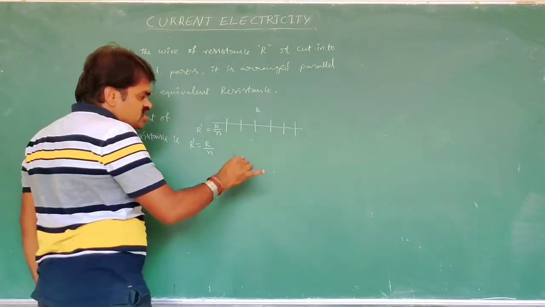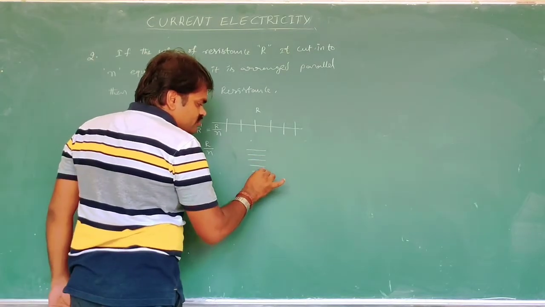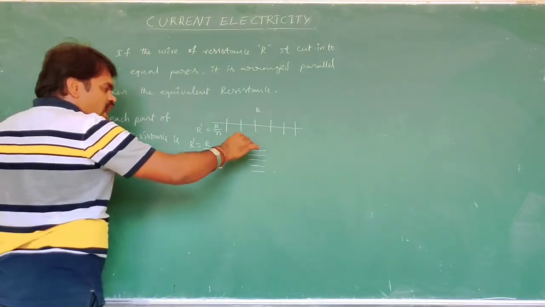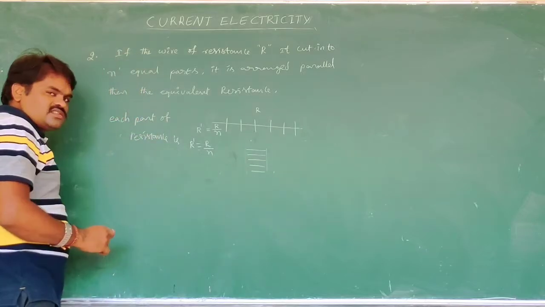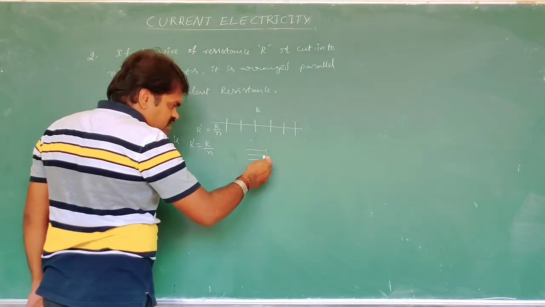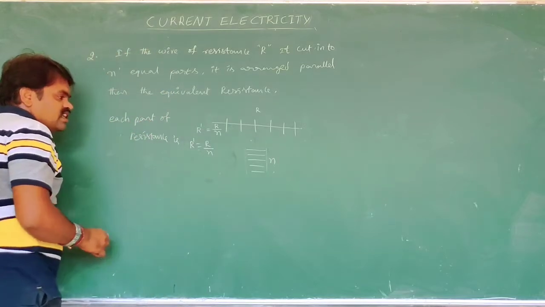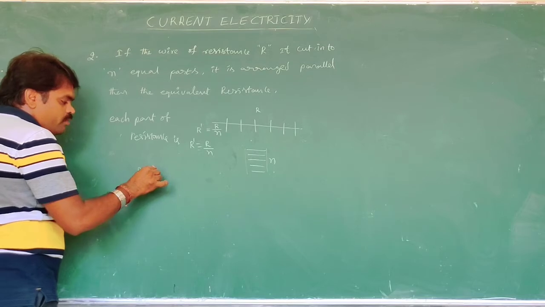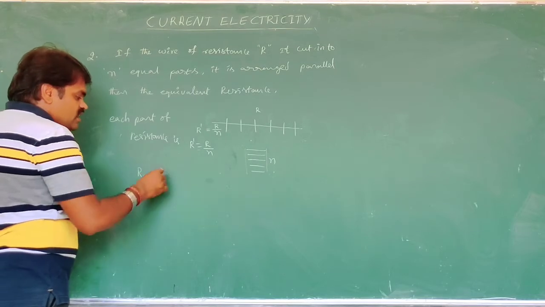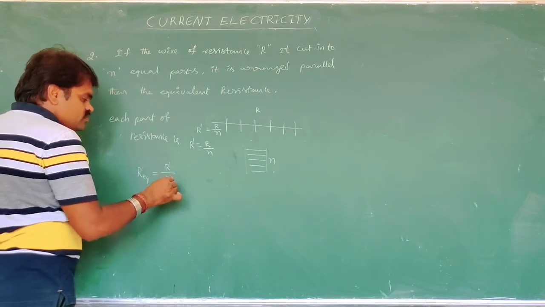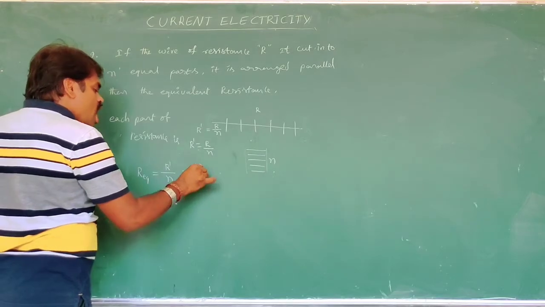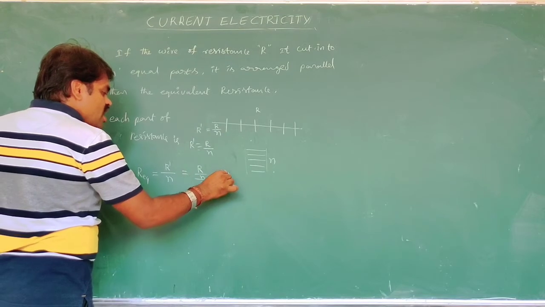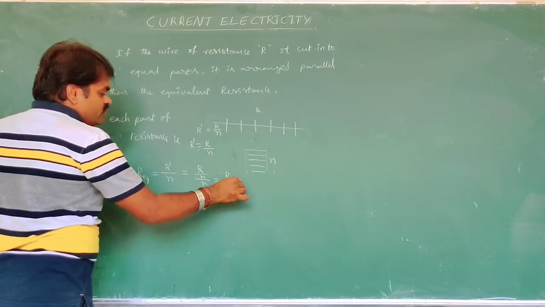Now these parts are arranged in parallel combination. In the parallel combination, all resistors are equal. How many resistors are arranged? n resistors. Then the equivalent resistance in the parallel combination is R dash by n, which equals R by n by n, that is R by n square.